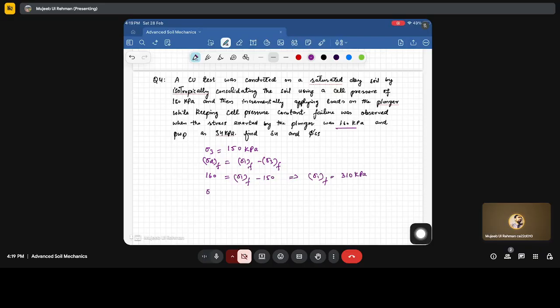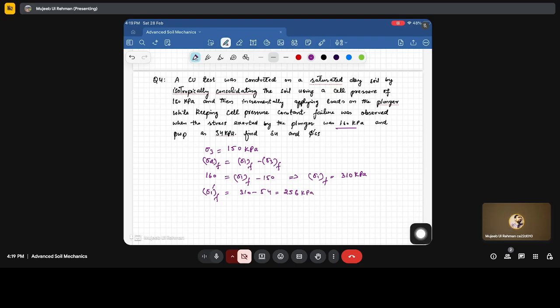So what is the effective sigma 1f? So it is 310 minus 54, 256 kPa.